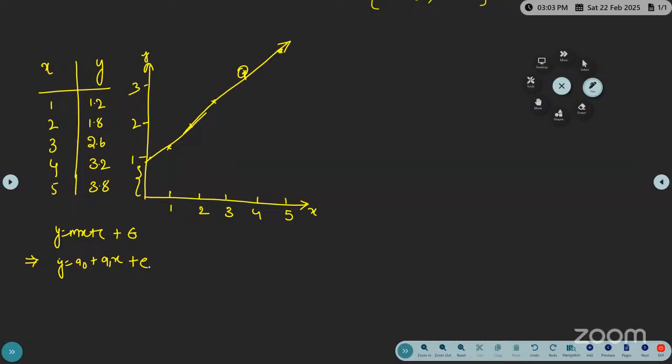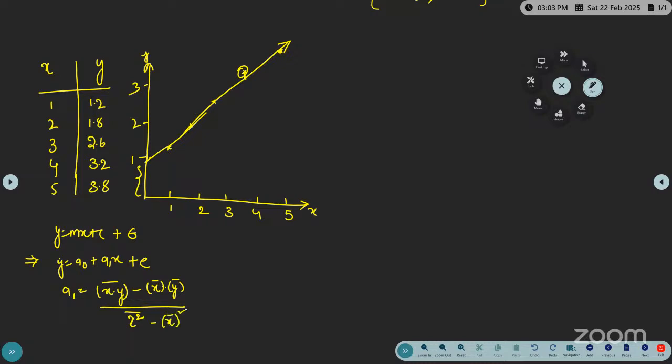We have a formula for this a1, which is x and y whole mean minus x mean into y mean, by x square whole mean minus x mean whole square.